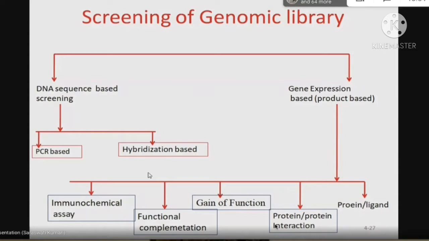Suppose someone is blind, so from a normal human we take their genomic DNA and prepare a library. That means a normal human has the complete set of genes, that's why they are not blind, and someone is blind. We have to find out which gene is responsible for blindness.